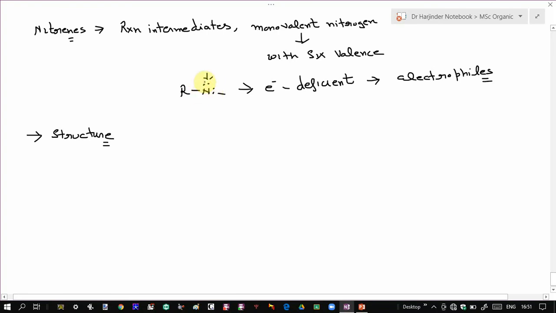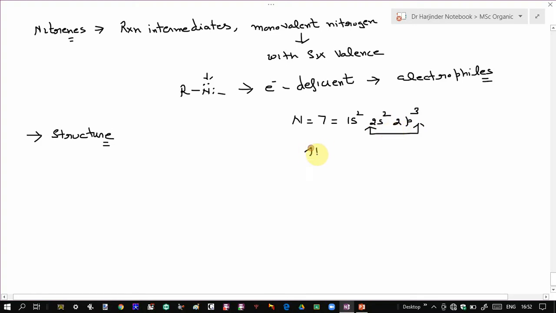Out of these two non-bonded pairs of electrons, one pair is always present in a hybrid orbital. Why? Because nitrogen has atomic number 7, so it has an electronic configuration of 1s2, 2s2, 2p3, and this is its valence shell.